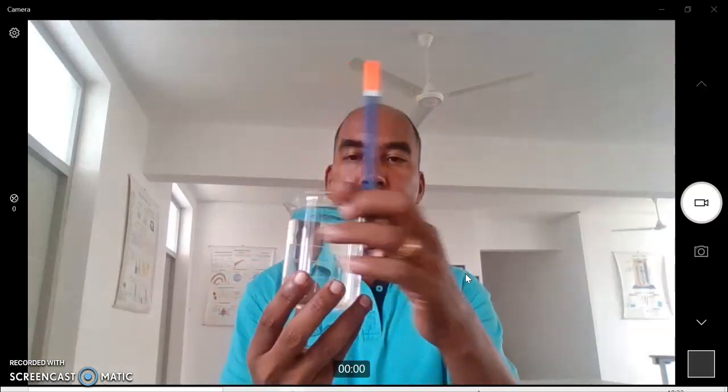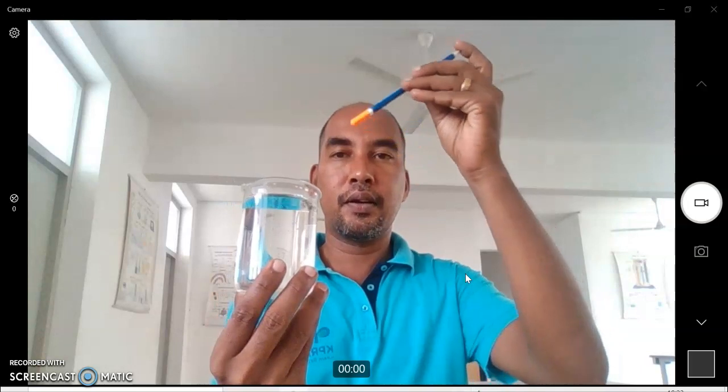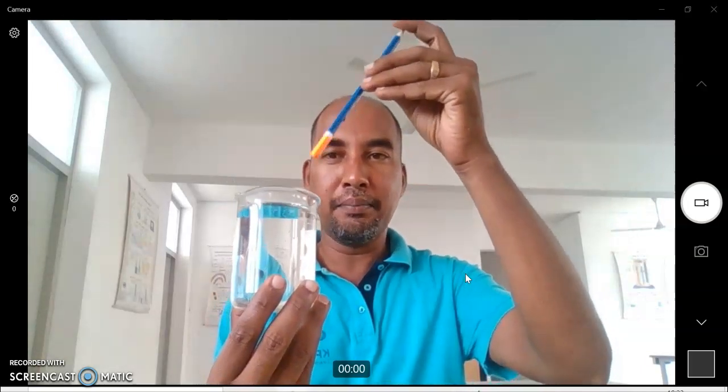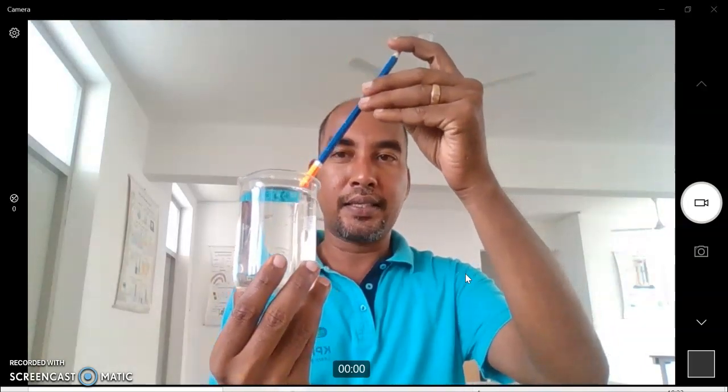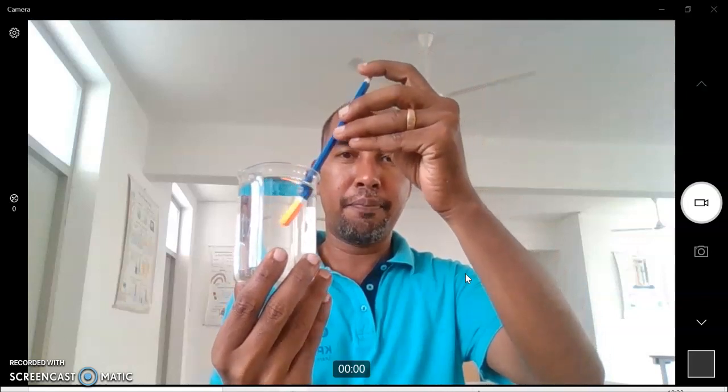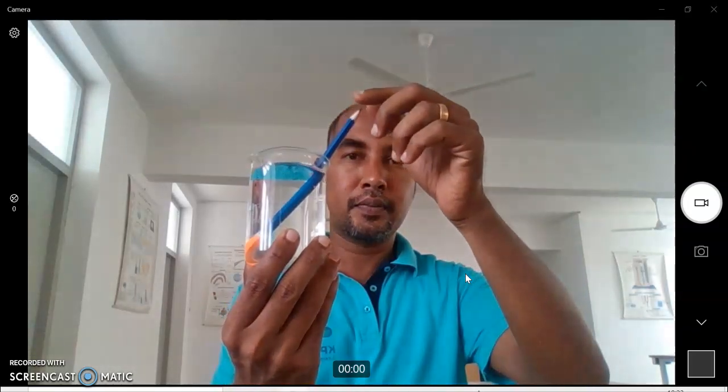So when light travels from one medium to another medium, its velocity changes. So we have a small setup here to see that refraction. I have a beaker full of water, which is one medium, and the surrounding air as the other medium. When light travels from one medium to another medium, its path changes, or some kind of bending can be observed.